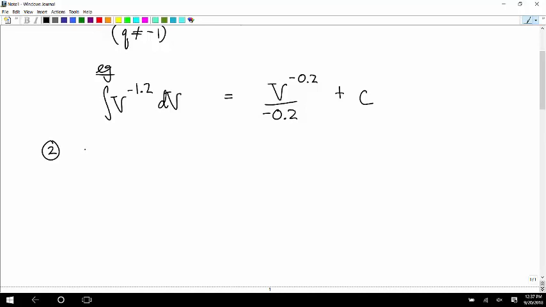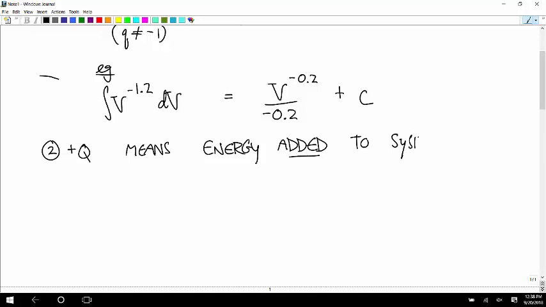So Q is positive if energy is added to your system by heat.